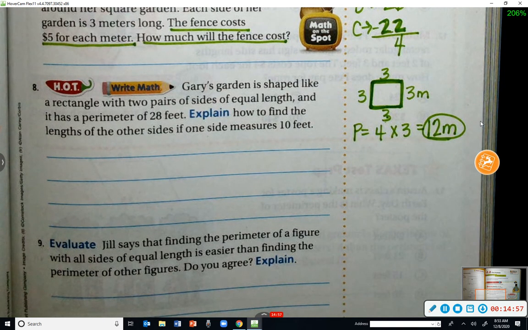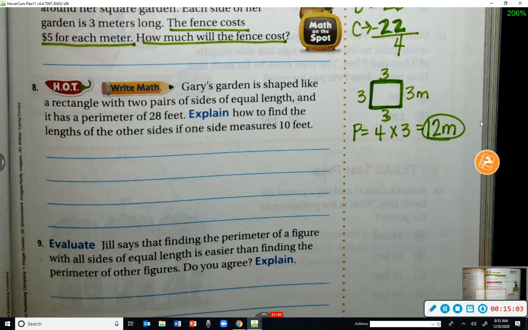Allie? Adding. Adding what? 3 and 5. Nope, don't just guess. Let's think about it, y'all.